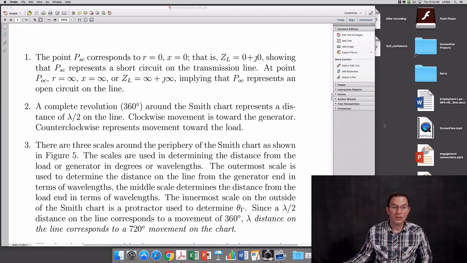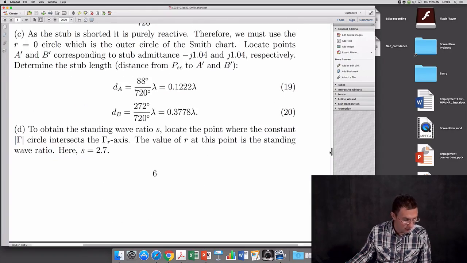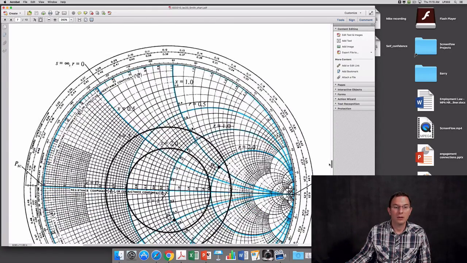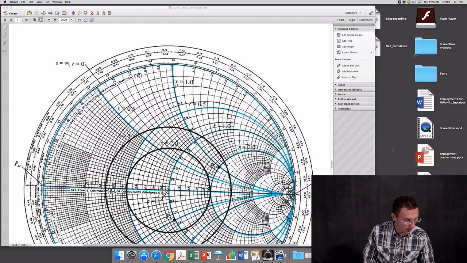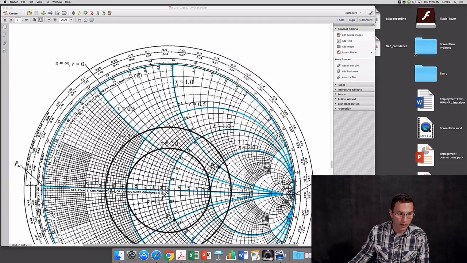At point P sub OC, we have r equals infinity, x equals infinity, which corresponds to a load of infinity plus j infinity. So P sub OC right here is the open circuit point on the line. If you simply leave the transmission line open, you're at that point on the Smith chart. If you short the transmission line, you're way over here, 180 degrees away. Those are two important points.